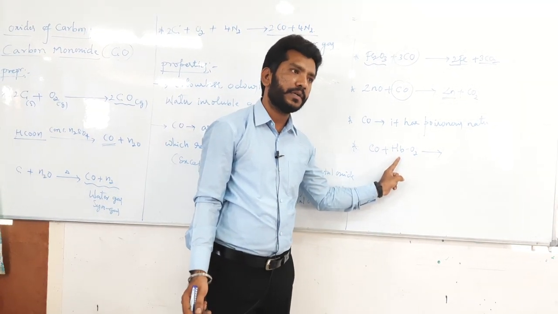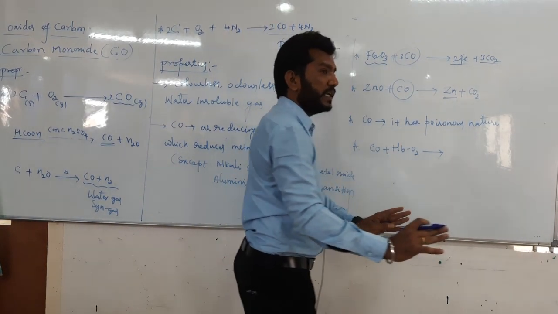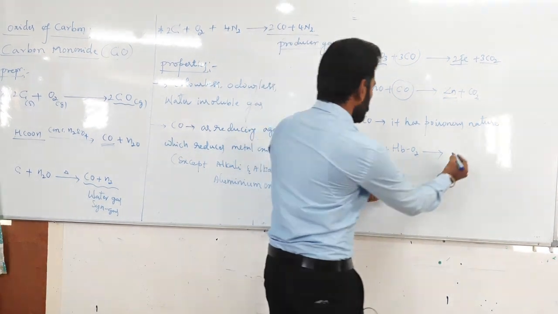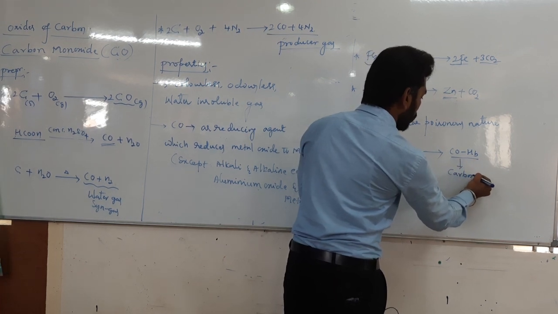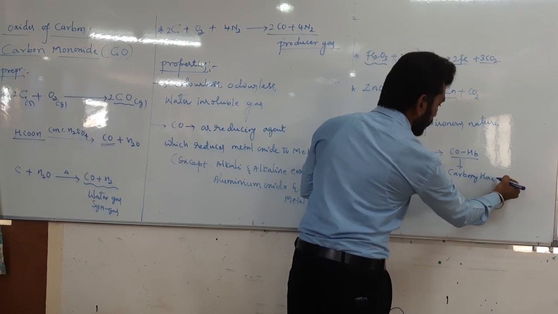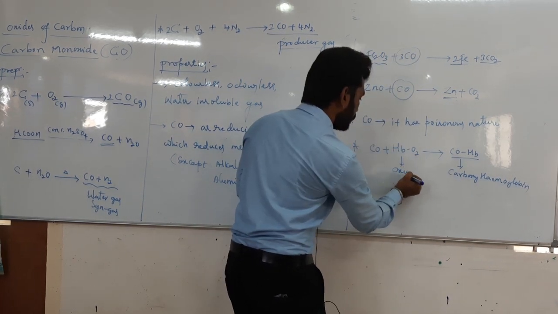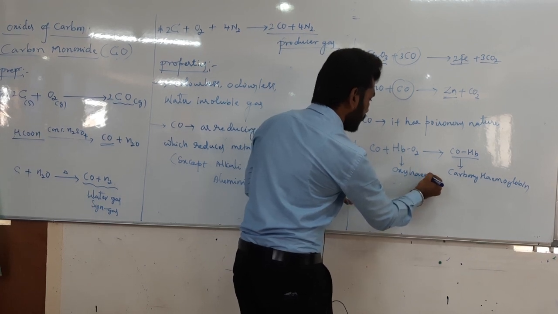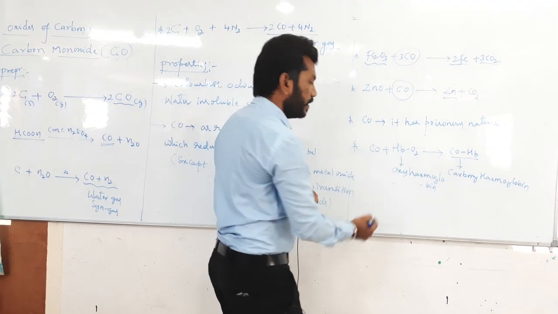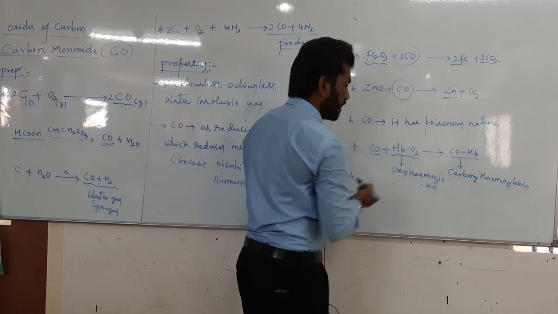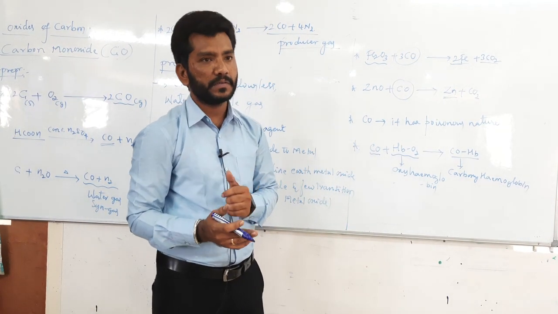What it actually does, through the chemical reaction, is stop the oxygen carrying nature. Hence it forms COHb, that is carboxy hemoglobin, as opposed to oxy hemoglobin. Once carbon monoxide reacts with hemoglobin, the oxygen carrying nature has been stopped, and which causes death, guys.